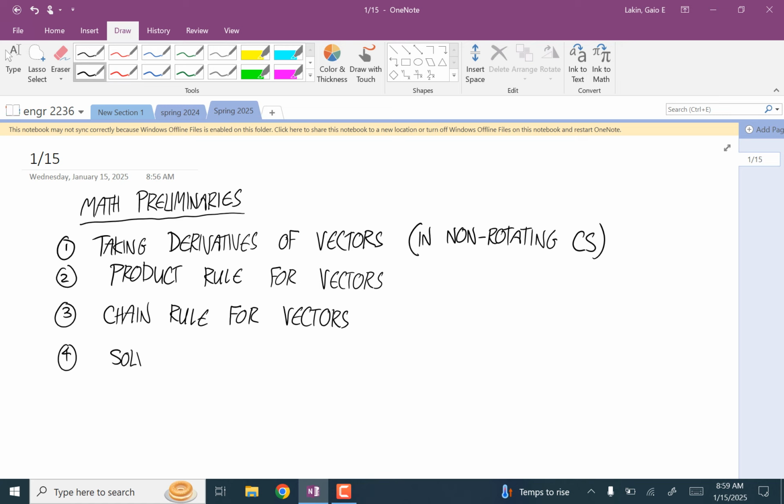solving ordinary differential equations. I'm going to abbreviate that ODE. That's the usual abbreviation of ordinary differential equations, using one specific method, separation of variables.